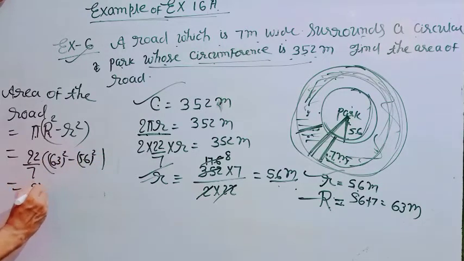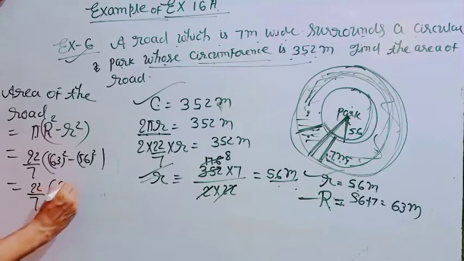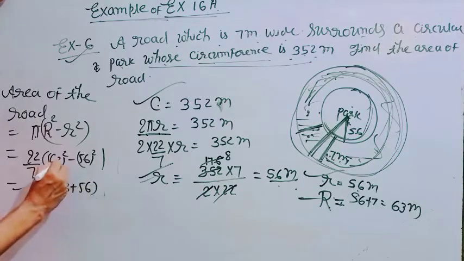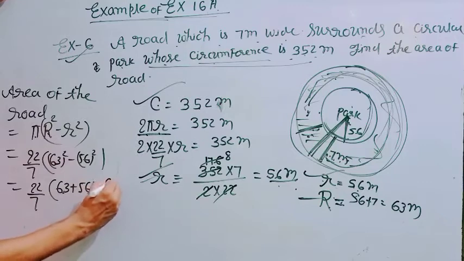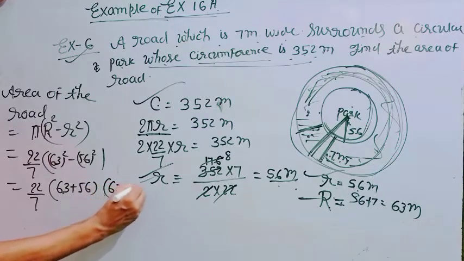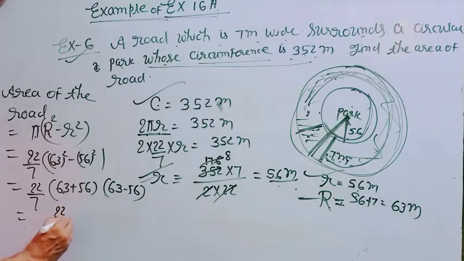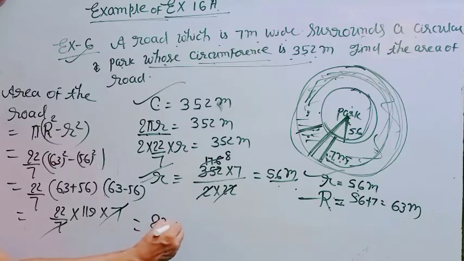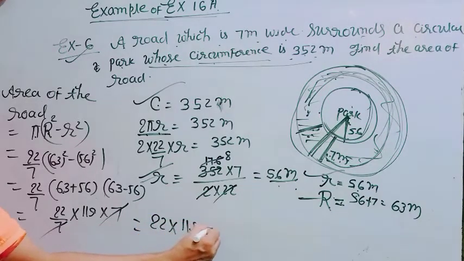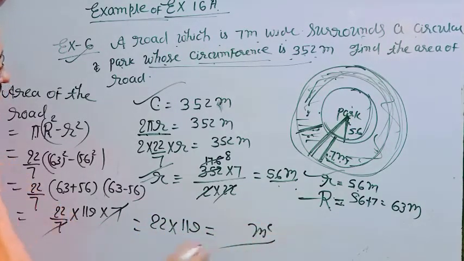Now write 22 by 7 into (63 plus 56). It is a² minus b², which is (a plus b) into (a minus b). Then 22 by 7 into 119 into 7. The 7 cancels. So 22 into 119, multiply it and get your solution. That is the area of the road.